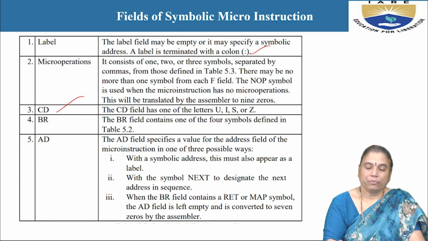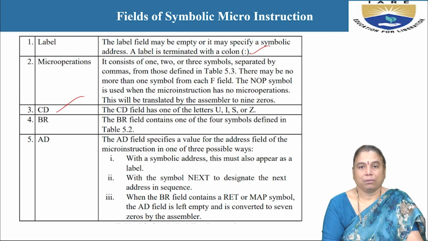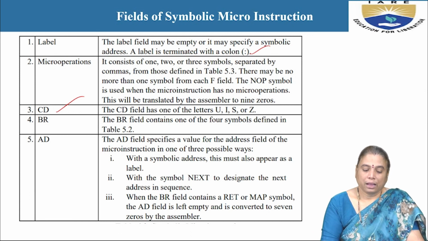If it is unconditional, then U can be used, and I, the indirect address, can be specified with the help of CD. Next field is BR. The BR contains one of 4 symbols which can be used to call, return, and so on, which we discussed in the BR field. Next is the address.